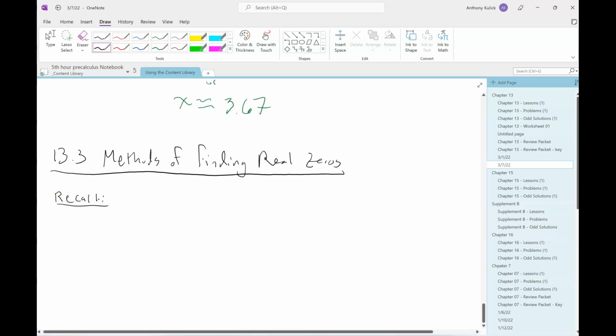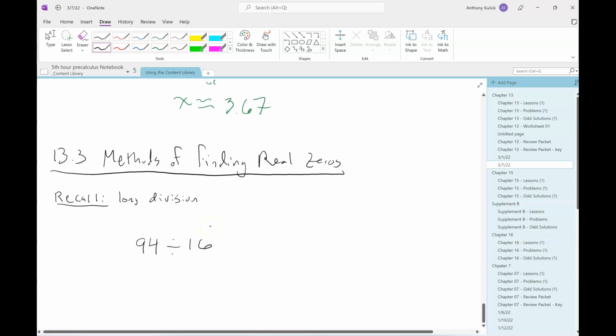So in section 13.3, we're going to start working out some more methods of finding these zeros that aren't relying on the same kind of factoring we've been using. So what I want to go back to is remembering long division way back in our yesteryear.